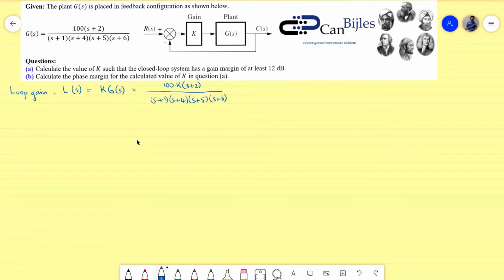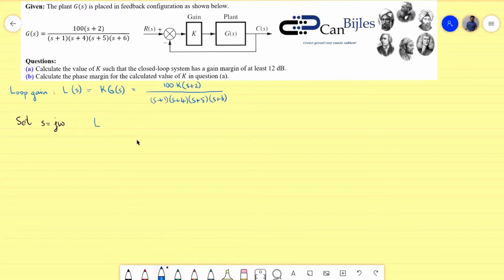Okay, what we need to do, and what we also did in the previous examples, we need to transfer this in the j omega domain. So what we have is set S equal to j omega. That we can do because we are working actually in a sinusoidal system, so we're working with pure sine wave analysis.